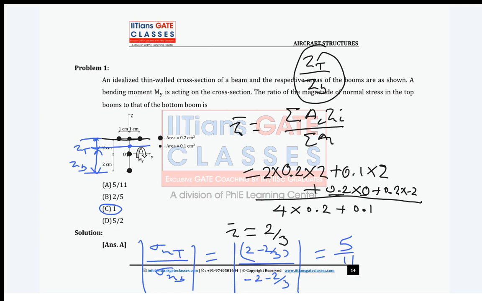Let me erase everything, then it will be clear. So Z bar, okay, guys, no problem. Let's see the small, this, yeah, here, okay, I understood. So the answer is 5 by 11. Just a moment, no problem, guys, I got it. The answer is 1 by 2 if we take the bigger boom, right?